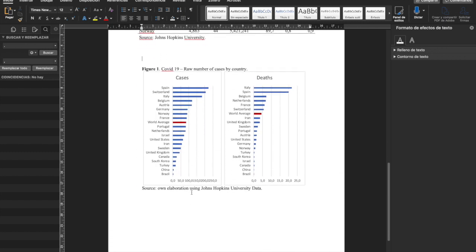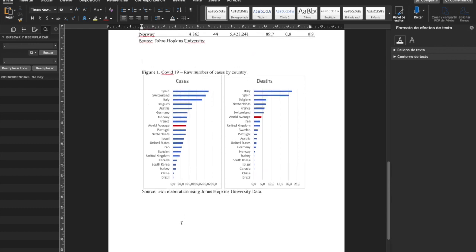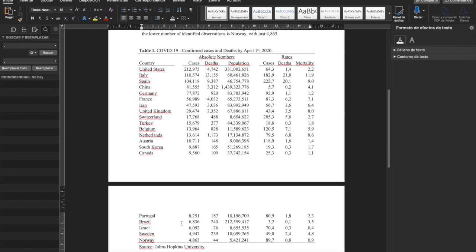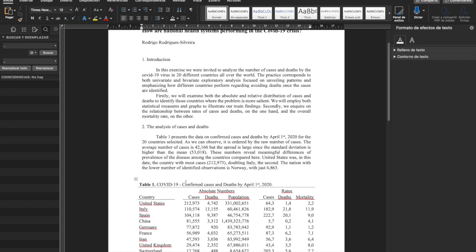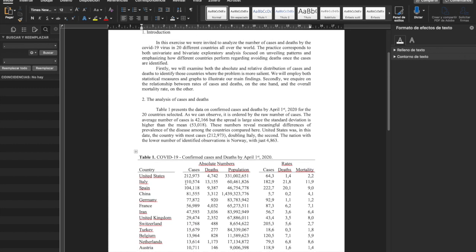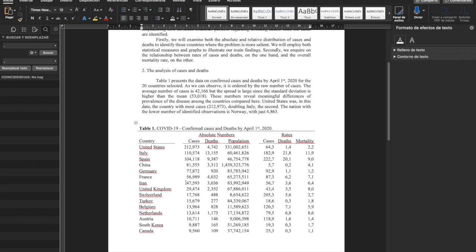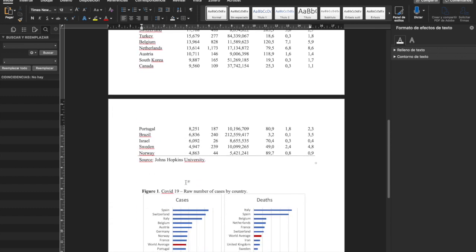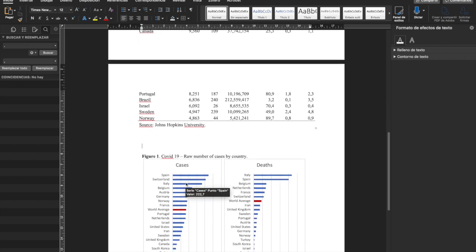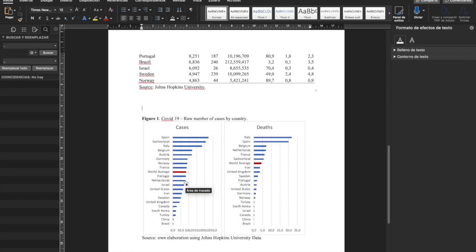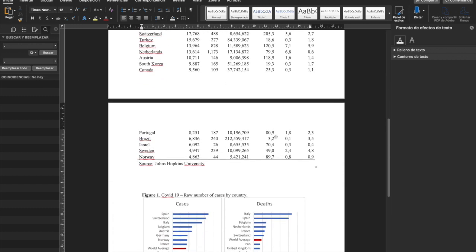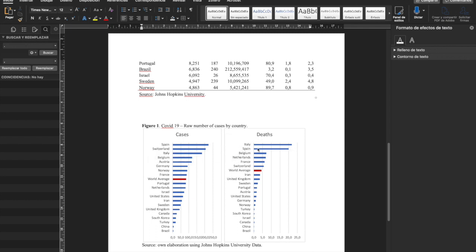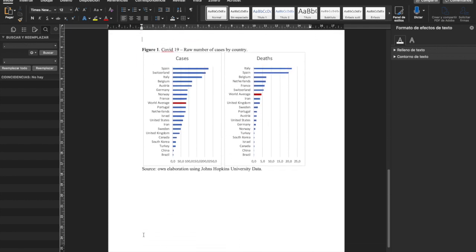So I start commenting on this. The idea is you structure your data, you give a brief introduction telling what it is, you start with the analysis, first the general pattern, then you go looking into each one of the individual variables. So I would start describing all variables here, and then I would explain Figure 1, COVID raw number, and Figure 2.